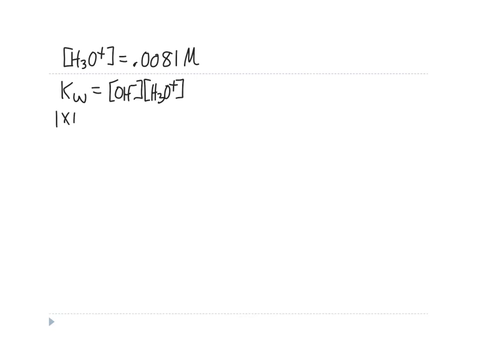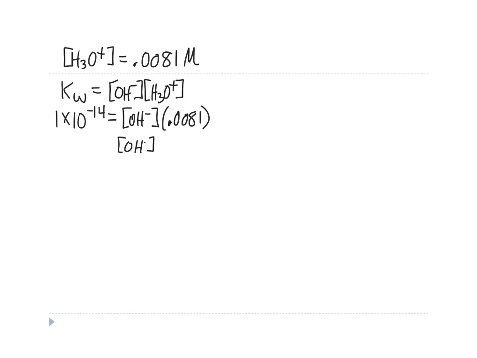So Kw is 1 times 10 to the negative 14th. I don't know the hydroxide concentration, but we just figured out that the hydronium concentration is 0.0081. So if I divide both sides by 0.0081, I can figure out the hydroxide concentration.